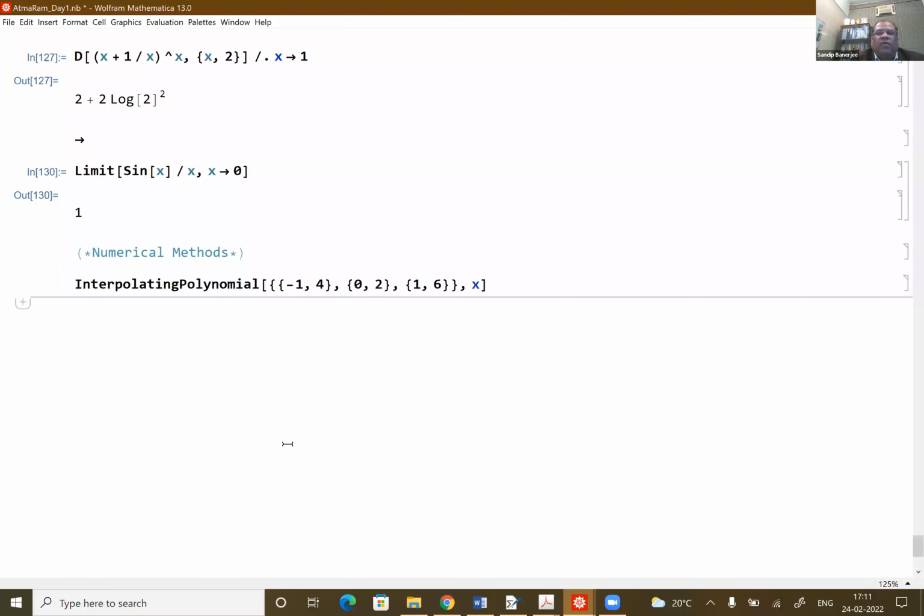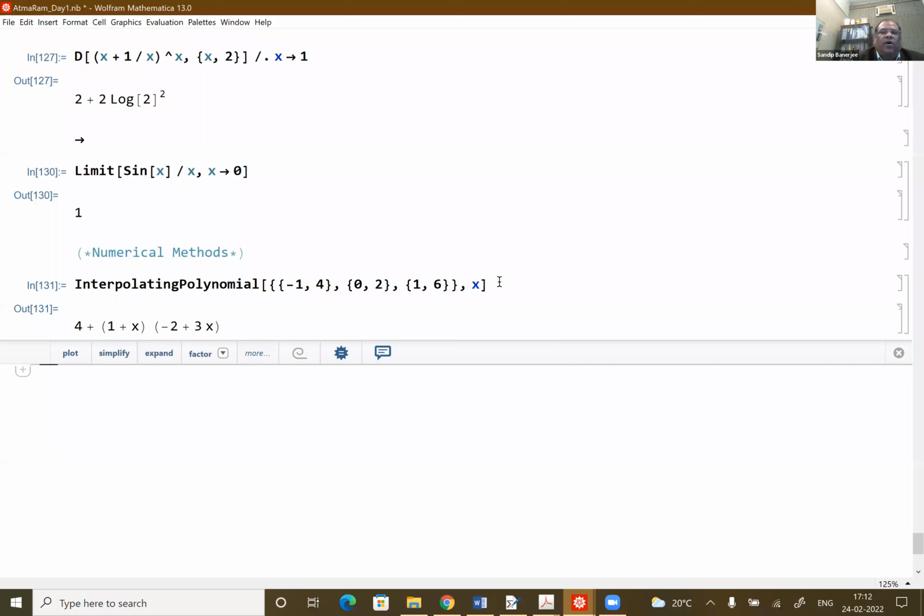So generally we are given the x and y values and I want to find the polynomial. Inside they have some inbuilt formula which they use. So this is easy for checking the results.